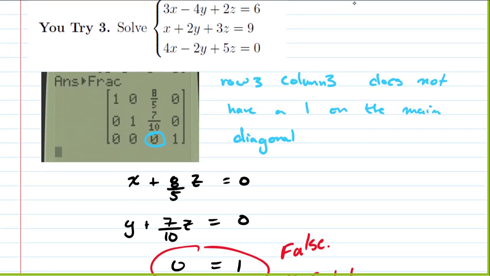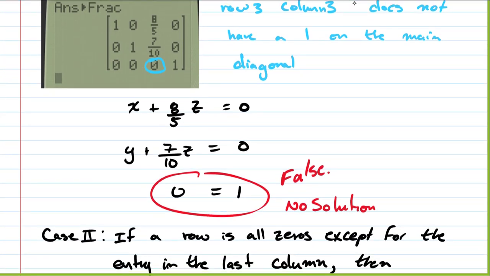In the case where we don't get ones on the main diagonal, once again, case 2 is where we get a row, but instead of being all zeros, it's zeros everywhere except for the entry in the last column is 1. That gives us the equation 0 equals 1, which is false. And then we get no solution.